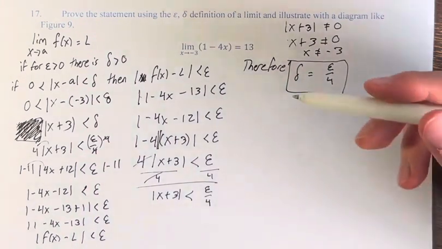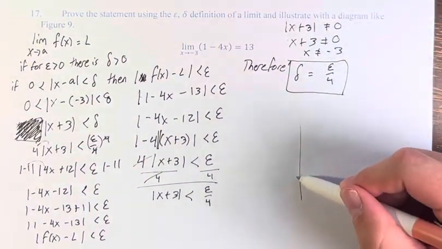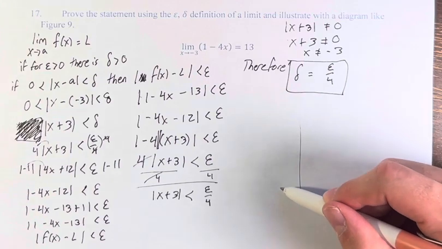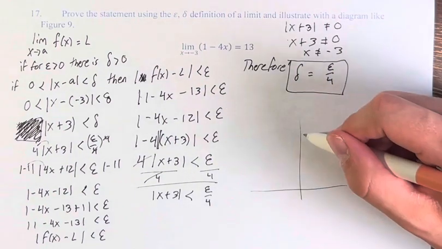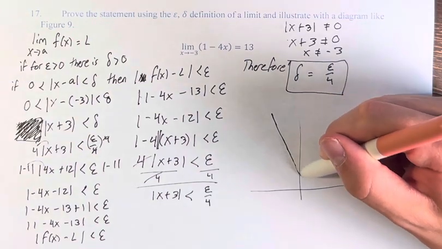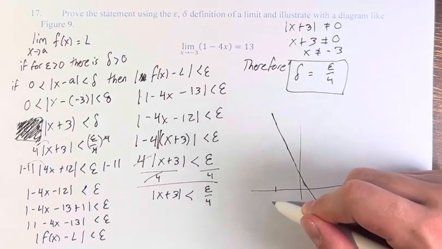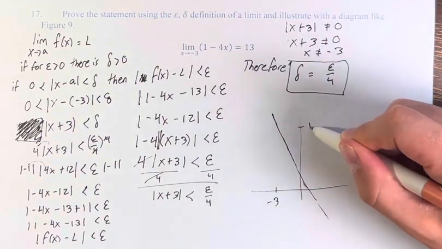So now that we've proved it, we're going to use it for a diagram. So if we have this function, and it looks a little something like this, we're saying that as x approaches -3, the value of the function approaches 13.